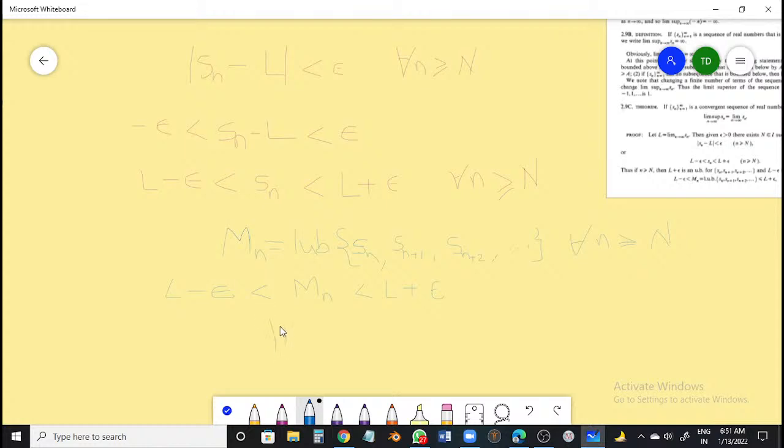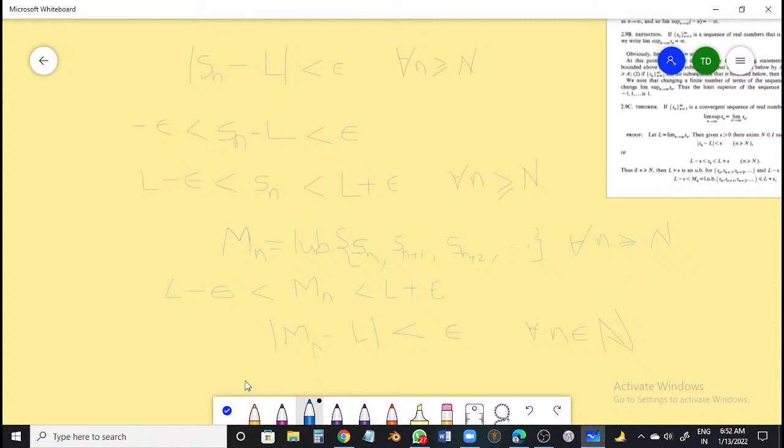So what we can say, extremely sorry, here I should have L. Mn minus L is less than epsilon for all n greater than or equal to capital N. So I have highlighted the value L, and I have highlighted that the difference is smaller than epsilon.